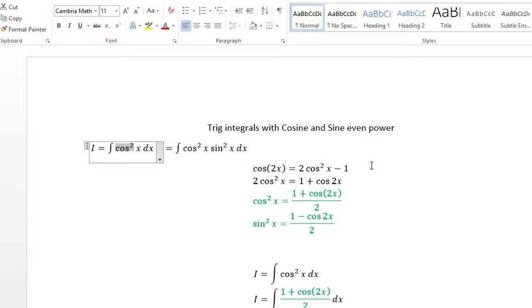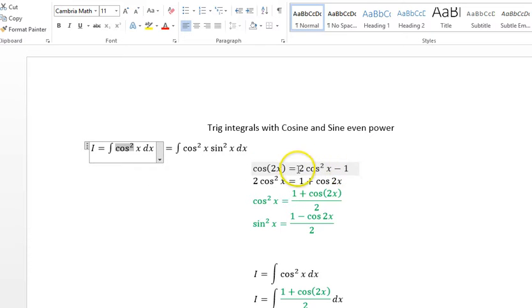The technique we use actually comes from the double angle formula that we learned in trigonometry. If you remember your trig class, cosine 2x is equal to 2 cosine squared x minus 1. This is one of the three double angle formulas for cosine.